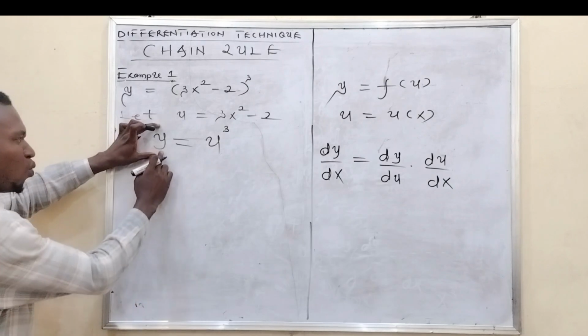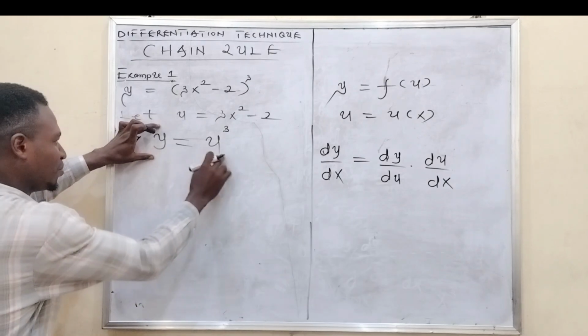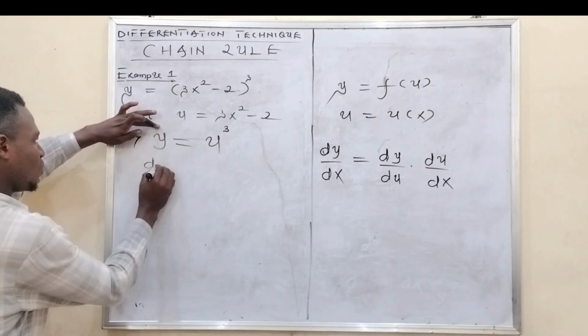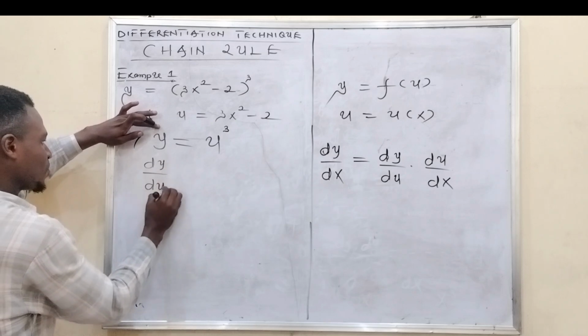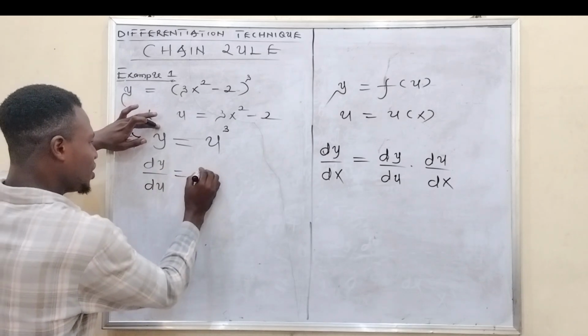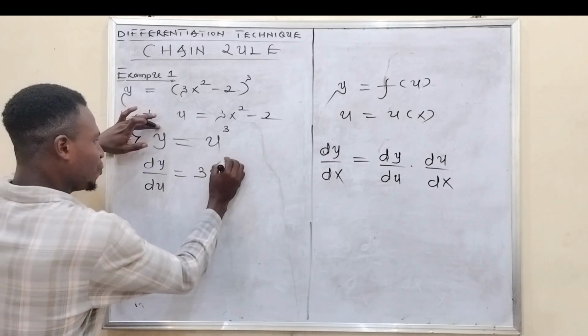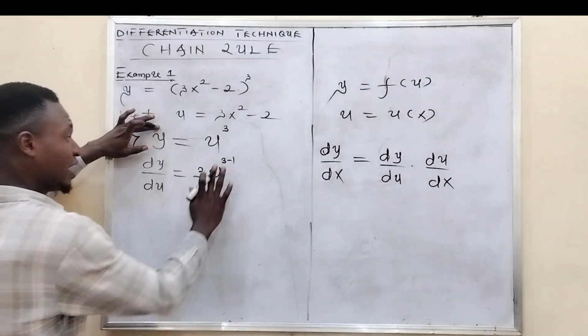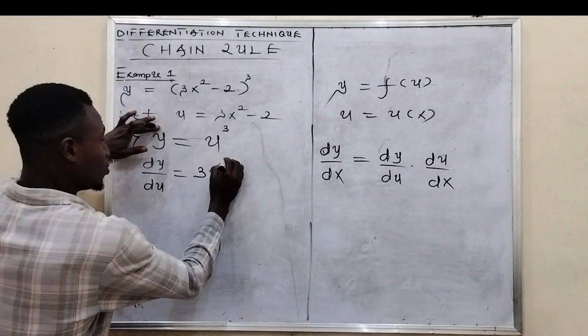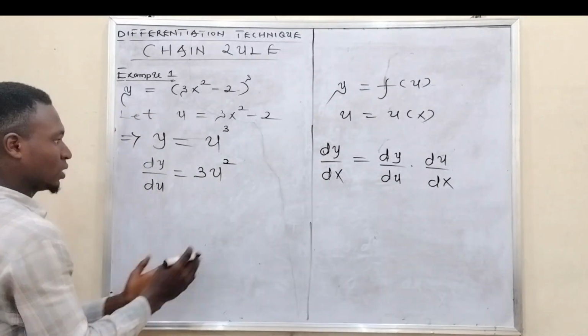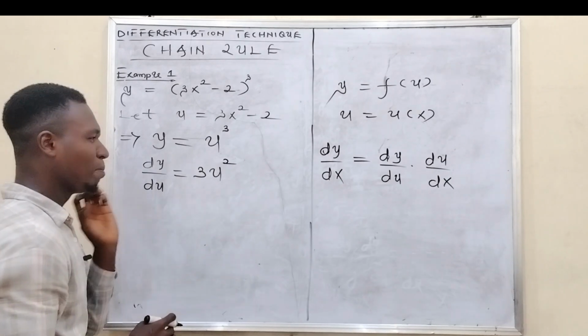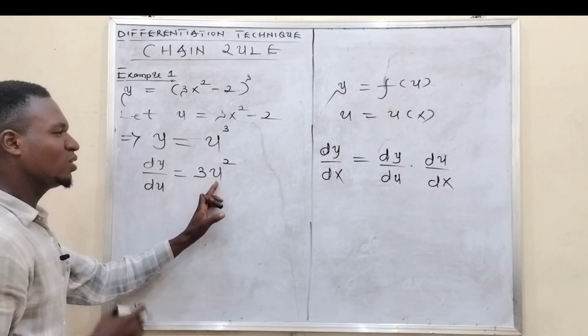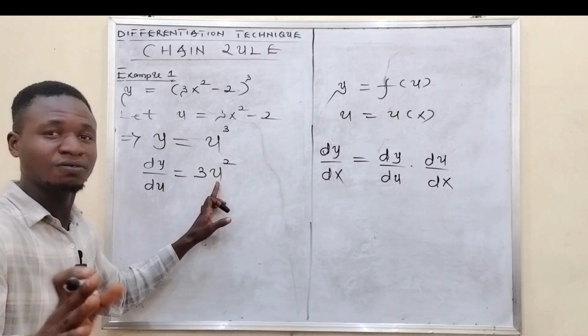So the derivative of y with respect to u is equal to 3u raised to the power of 3 minus 1, and that is going to give us 3u squared. But remember that u itself is a function of another variable.